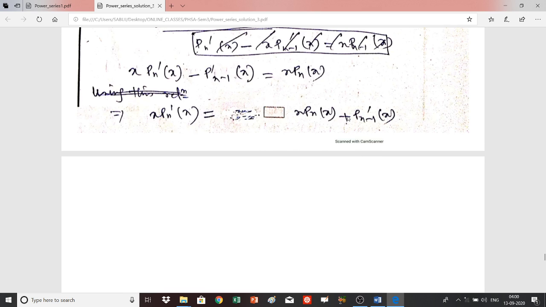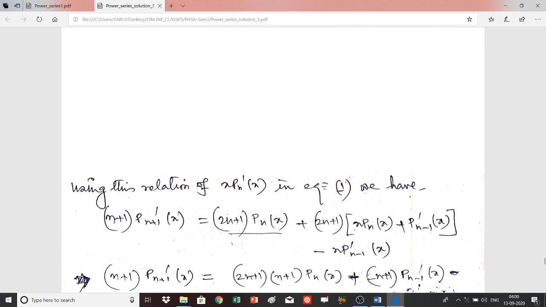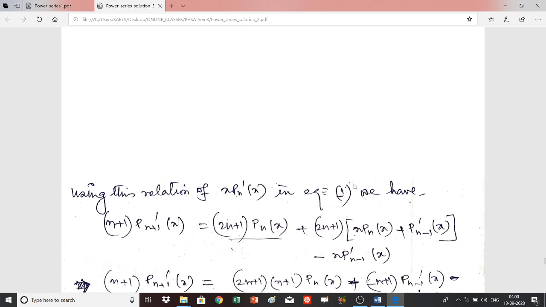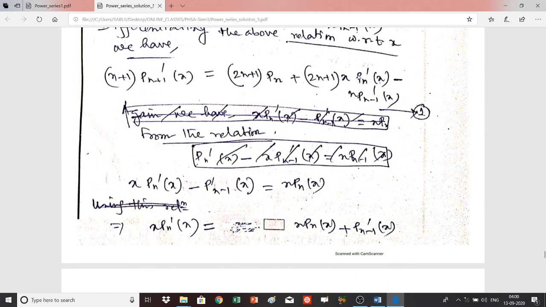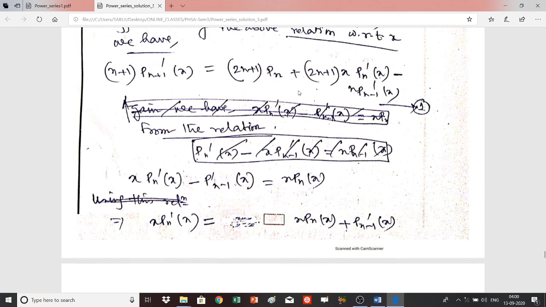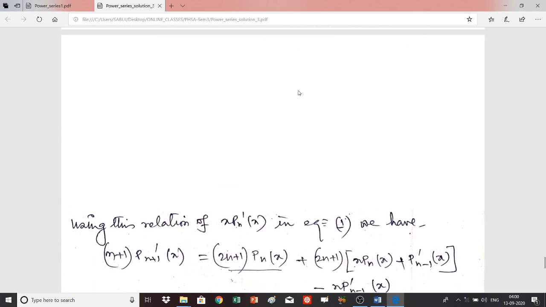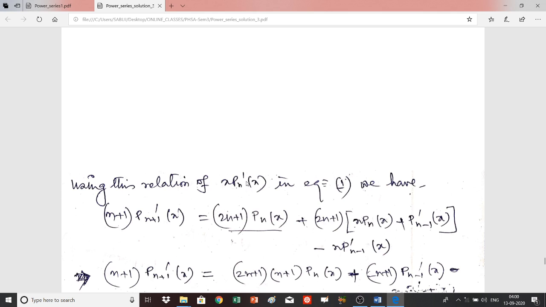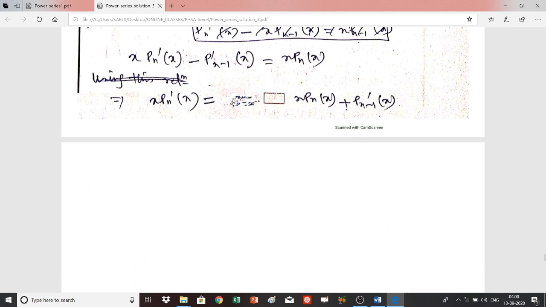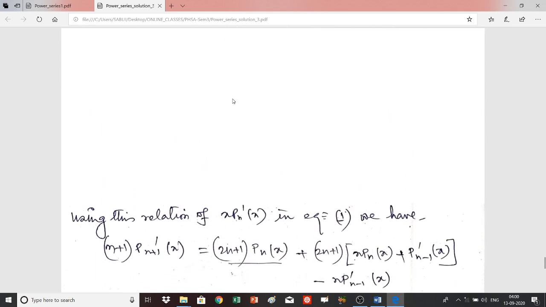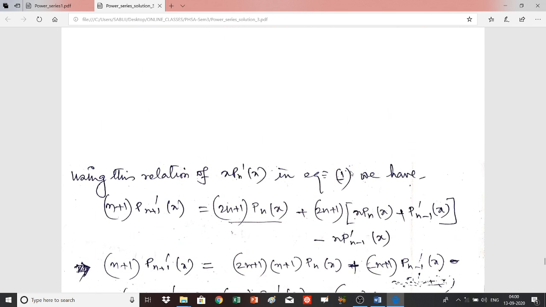This we have obtained, and then using the relation of x Pn prime x in equation 1. So you write what is equation 1. This is equation 1, and in this equation 1, you use the value of x Pn prime x from this relation, that means this term is substituted in equation 1.